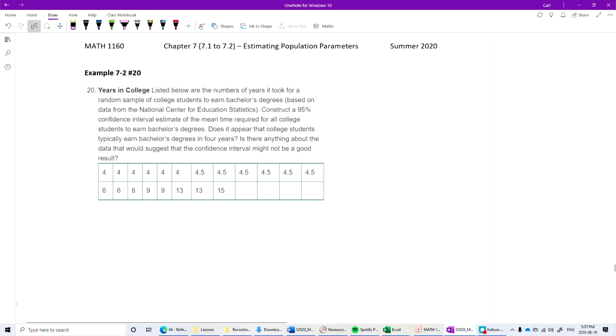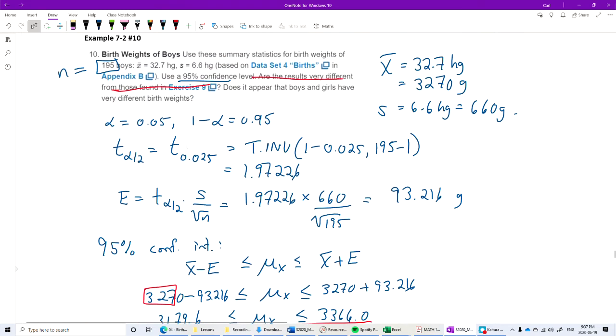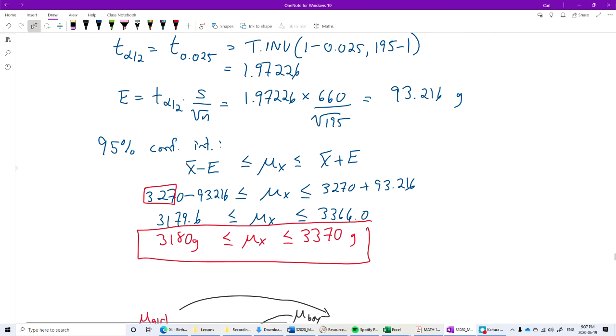Now, what's going on this time is we have a fairly small sample, and that reminds me, on the boys and girls, did we ever check anything about the sample size? We didn't. That's kind of bad, isn't it? We should have checked something.